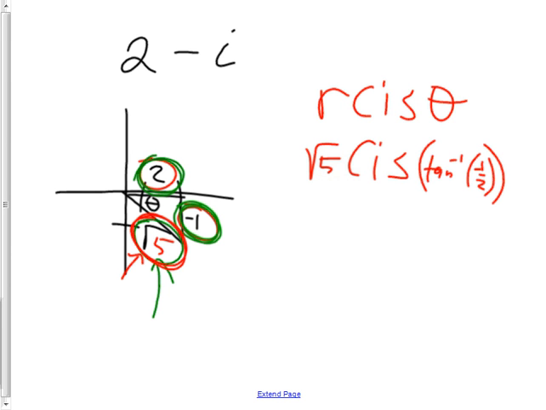All right. Now I want you to actually grab your calculator and figure out what the inverse tan of negative 1/2 actually is, only because I want to prove a point. Are you in radians or degrees, by the way?